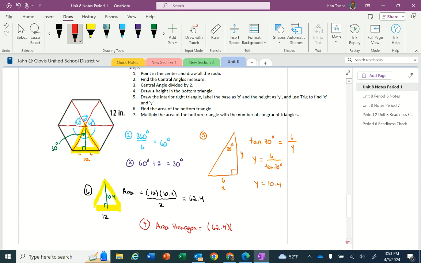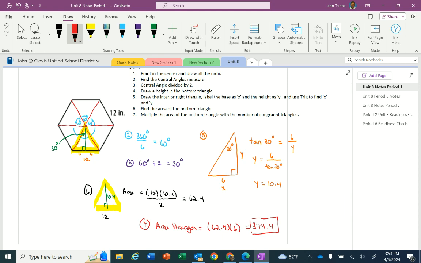There are 6 congruent triangles. So I'm going to go 62.4 times 6. That's your answer. 374.4. Okay? So the area of my hexagon is 374.4.